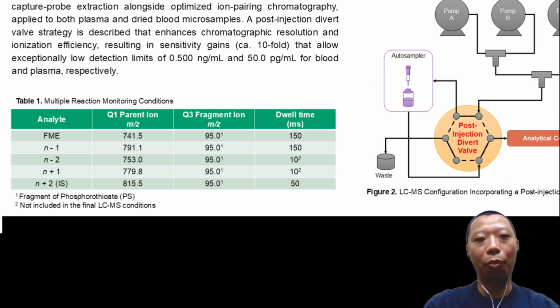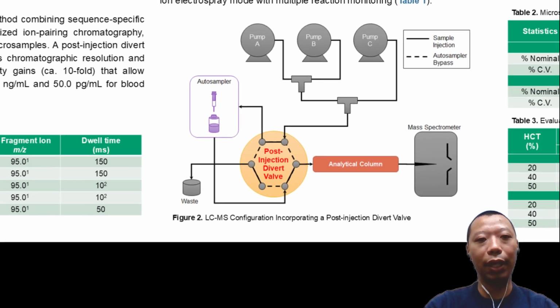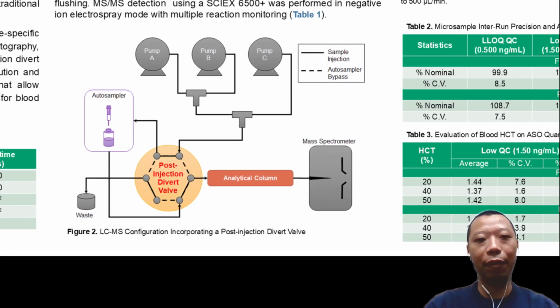As shown in Table 1, we optimized the MRM parameters to achieve high sensitivity and specificity for ASO quantitation. A key improvement in our approach was the introduction of the post-injection divert valve, as illustrated in Figure 2, which significantly enhanced chromatographic performance.